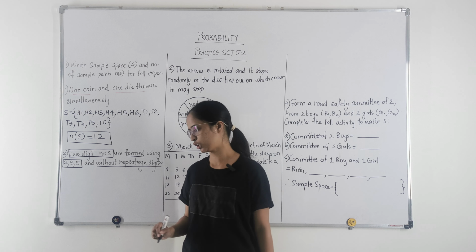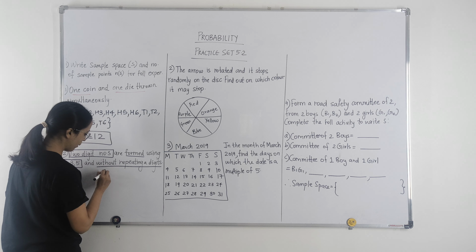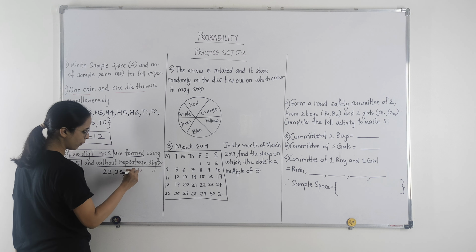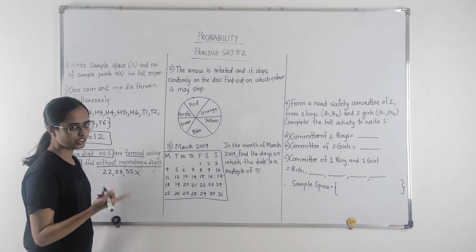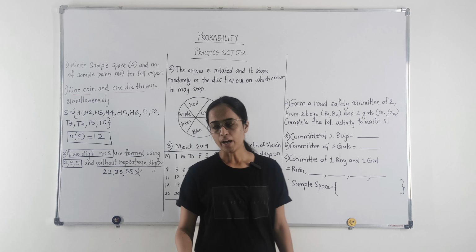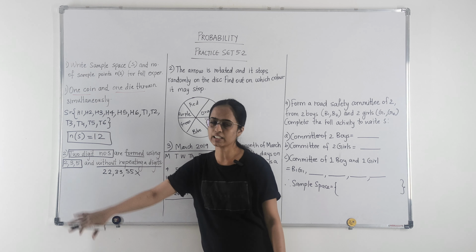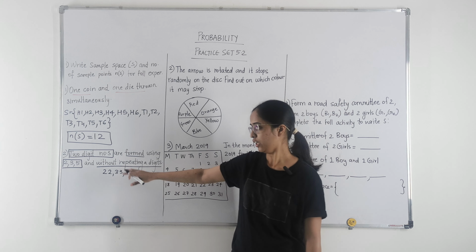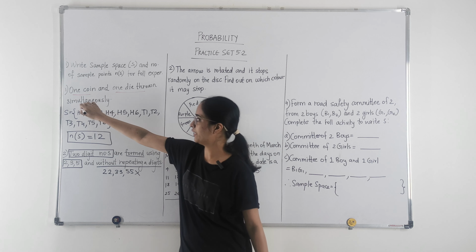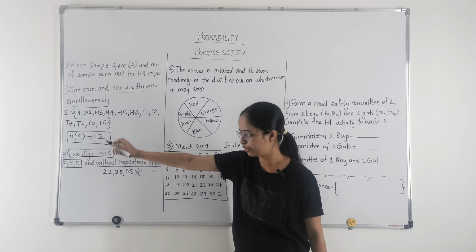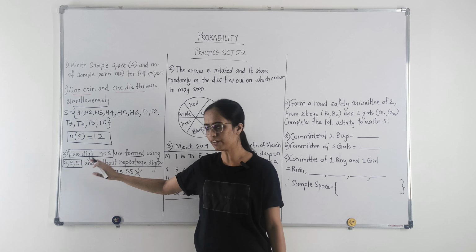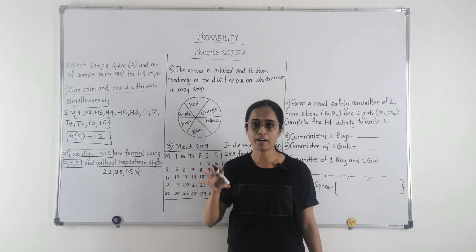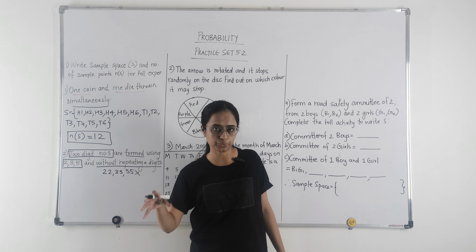What do you mean by repetition of digit? In this case, numbers 22, 33 and 55 are not allowed because here we are repeating the digit one more time. So excluding these, whatever is there would be the sample space for this particular random experiment. Again and again I'll tell you, just like the word simultaneously played an important role earlier, the extra information here is without repeating a digit. This is actually to check how aware you are of the different events given to you.